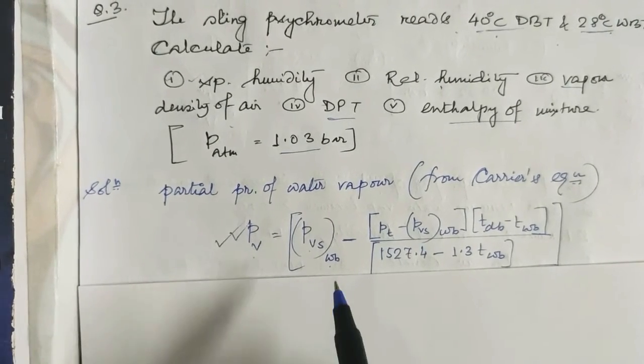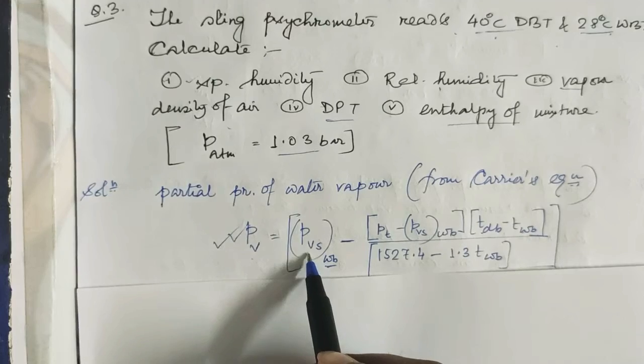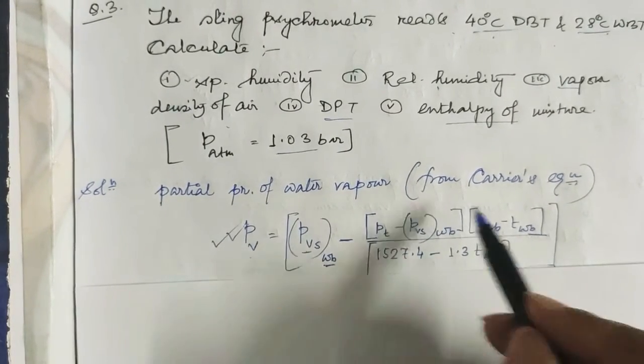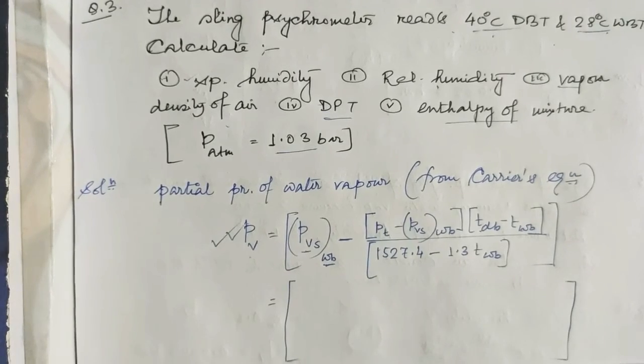First, corresponding to wet bulb temperature, find these values from the steam table, and put those values.